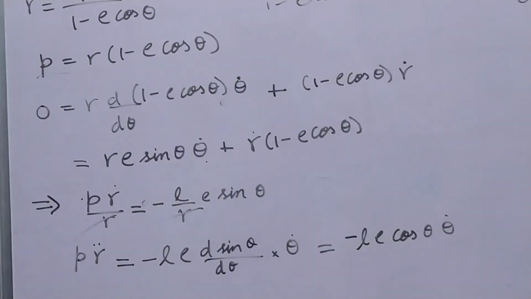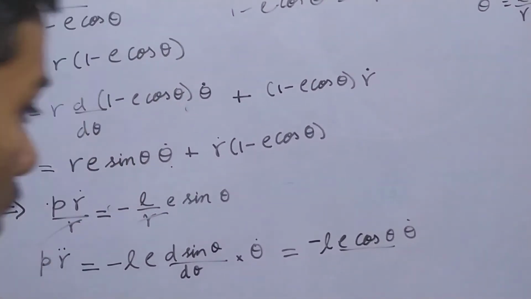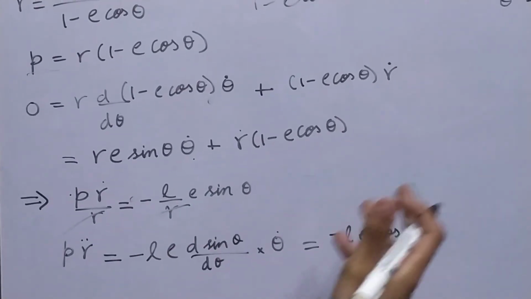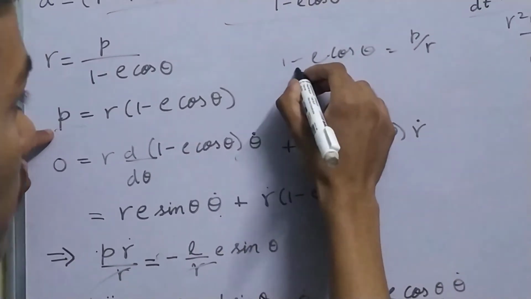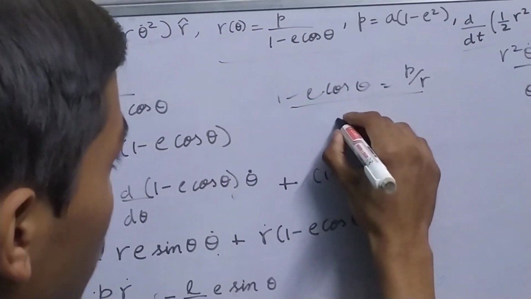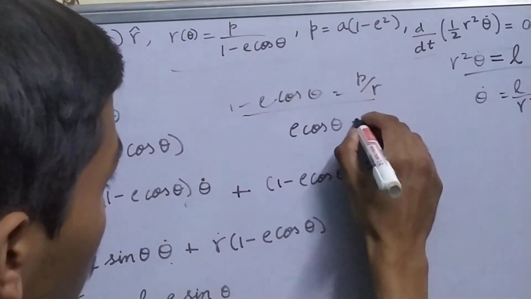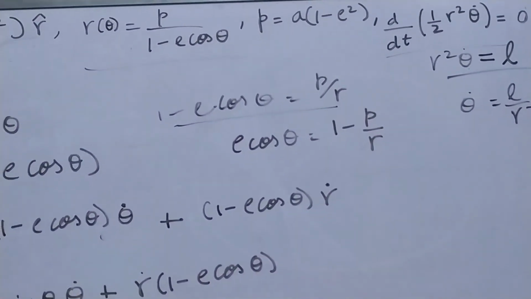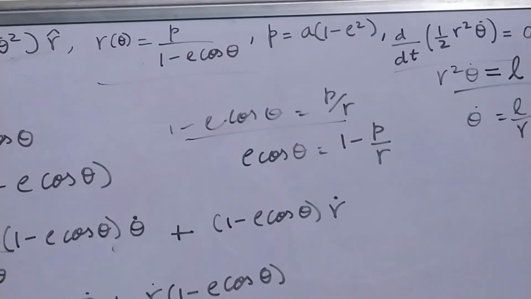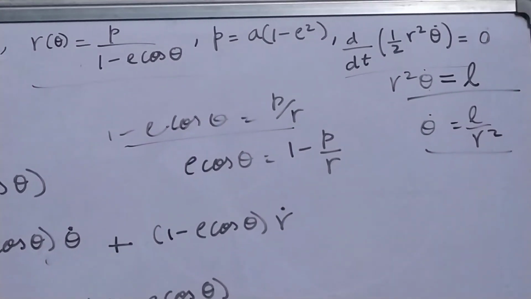Alright, now what is e cos theta in terms of our constants and r? So again 1 minus e cos theta is p upon r, which gives e cos theta equal to 1 minus p divided by r. Okay, and theta dot is L upon r square.